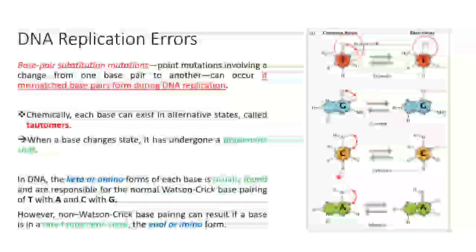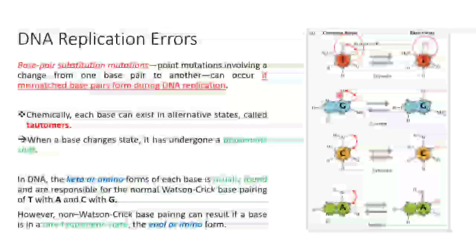The common forms, guys, are known as keto for thymine and guanine, and here you see for cytosine and adenine the amino form, NH2 NH2, while in guanine and thymine we have the ketone, C double bond O, C double bond O. So the common normal forms present in our cells are keto or amino form.